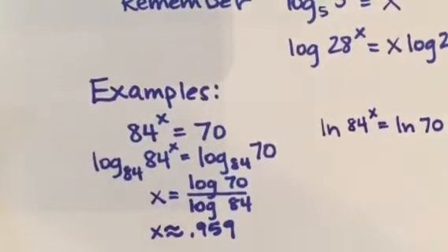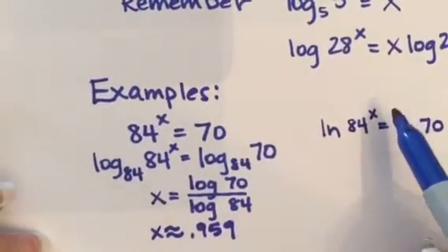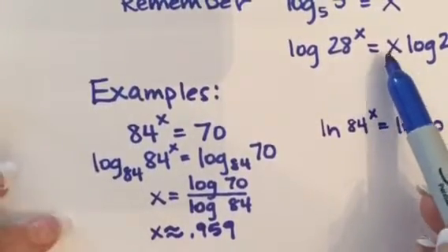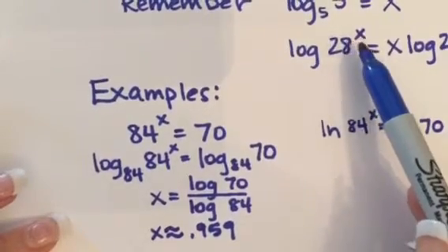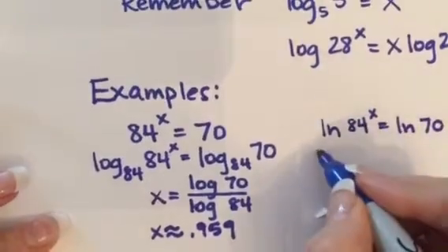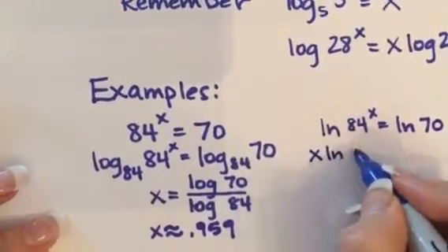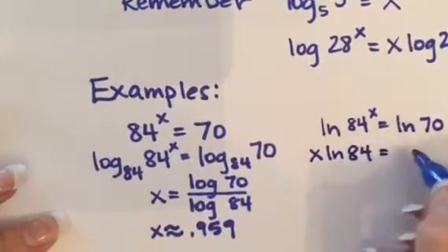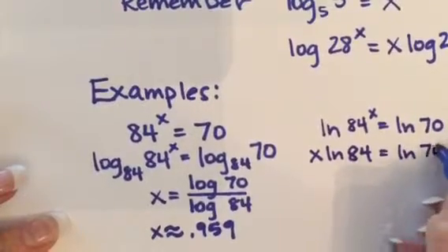Okay, which is great. Now I'm going to use the power rule that we discussed up here, where we take a power and pull it out front. So we're going to take this x and pull it out front: x times the ln of 84 is equal to ln of 70.